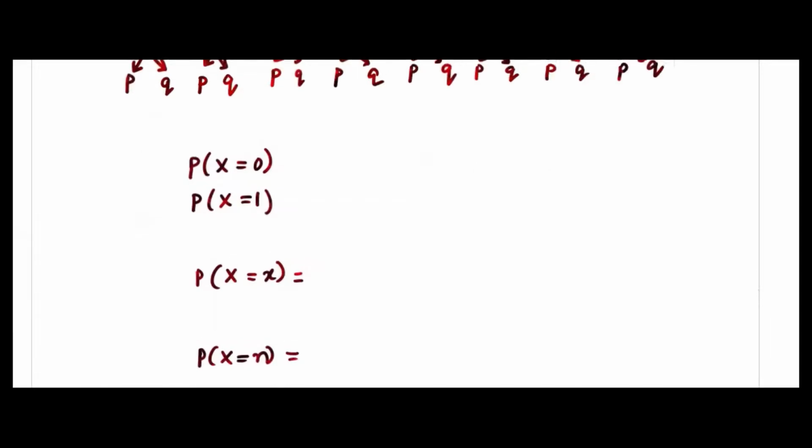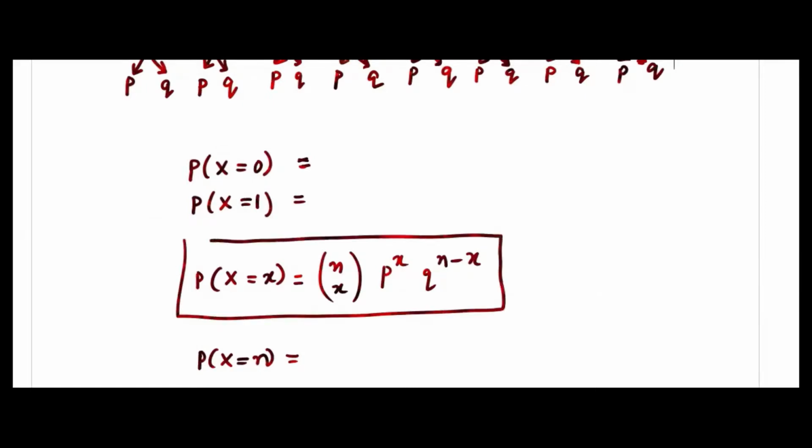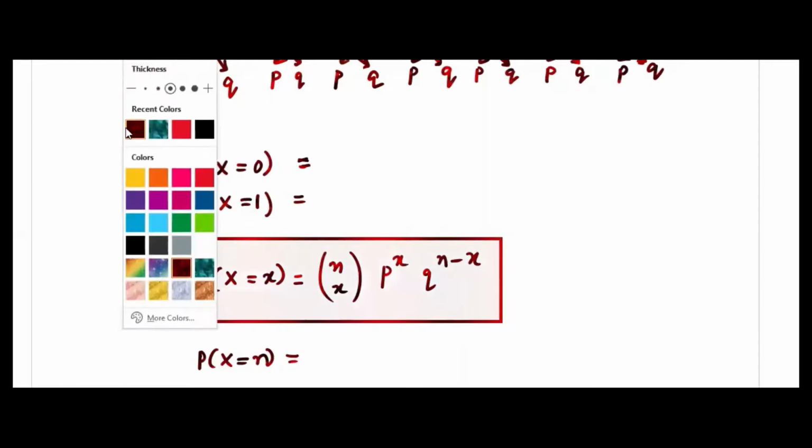So if I write 0 here, 1 here, and if I write the formula here, nCx p^x q^(n minus x), this will be the general formula. Here you can find all of them. This is the general formula. Along with this, you need to remember this one as well.